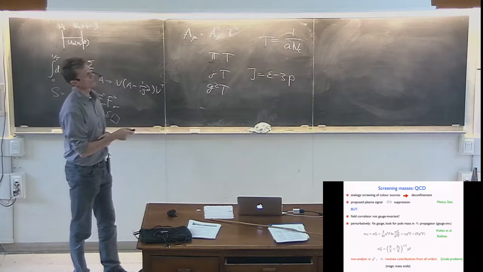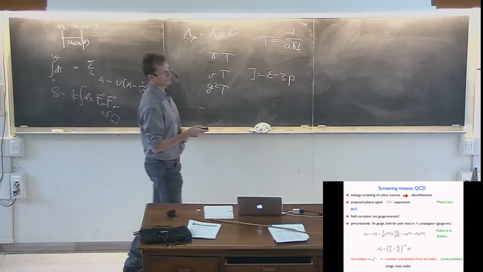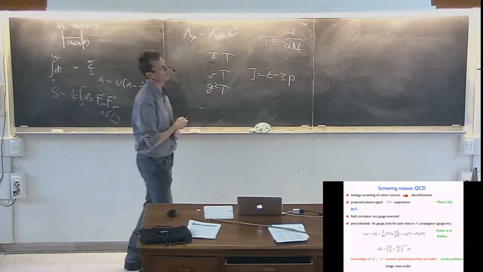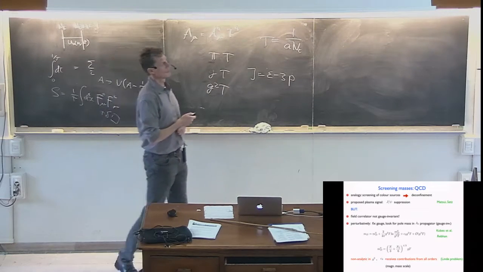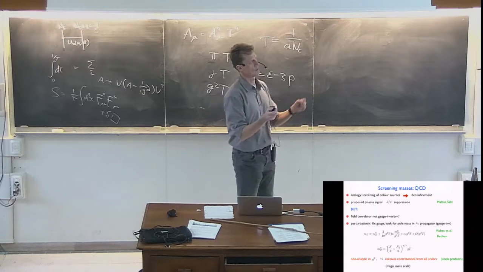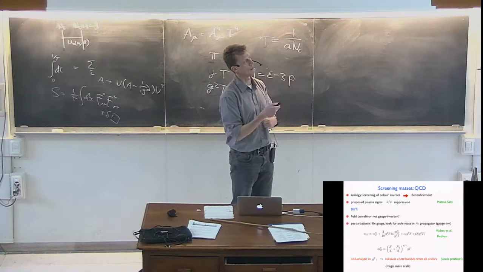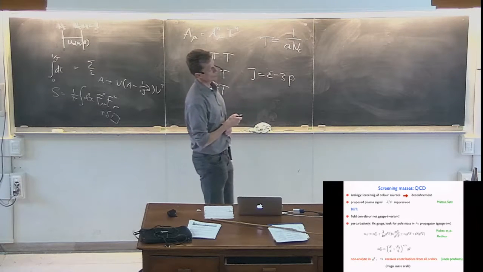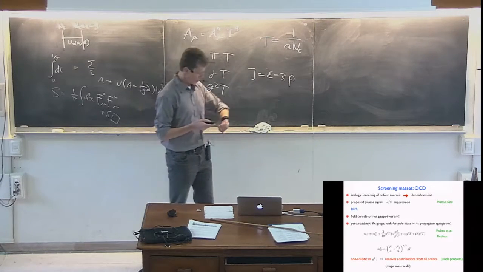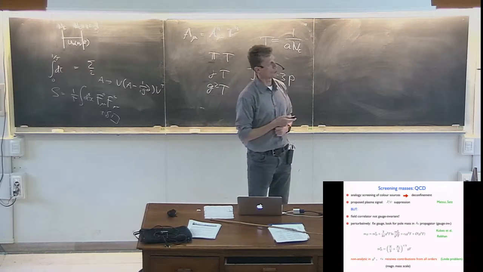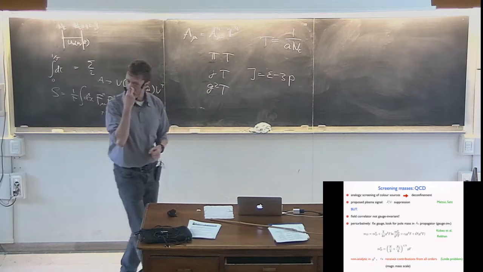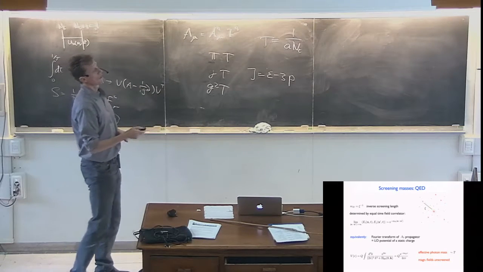So the idea was that if you take a static source, that's something that's heavy, so a heavy quarkonium, for example, should be suppressed in the deconfined phase clearly as a bound state, and that was supposed to be a signal for deconfinement. And now, unfortunately, we have a complication compared to QED from the fact that we are dealing with a non-abelian gauge theory.